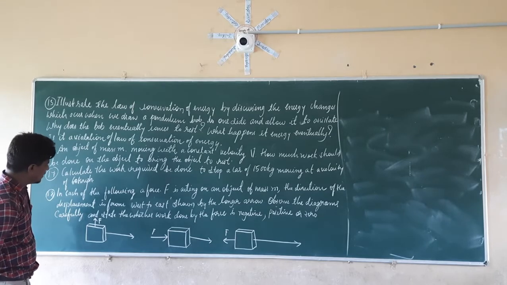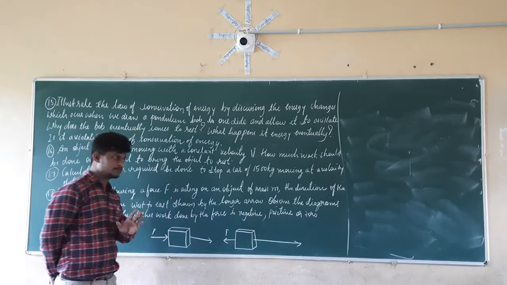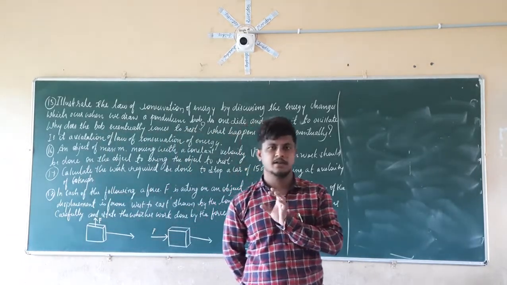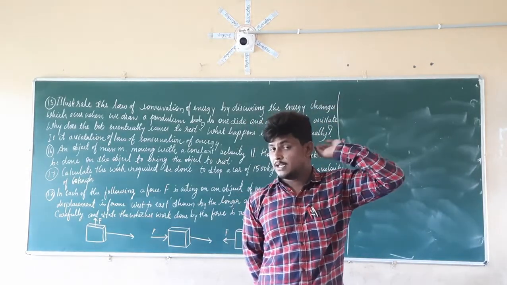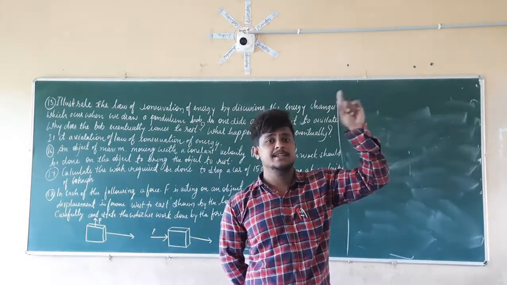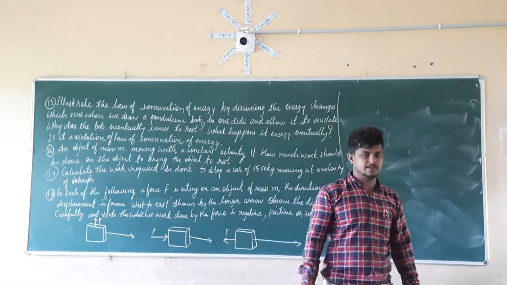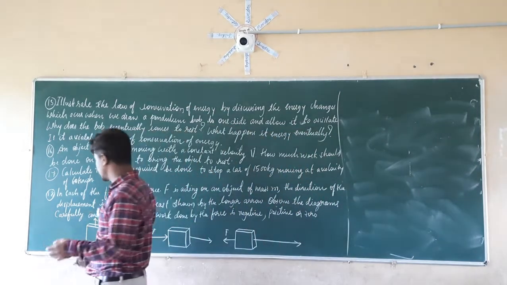If you remember the work done, that is nothing but W is equal to Fs cos theta. If you remember the first class, it is easily possible to identify in which case the work done is positive, in which case it is negative, and in which case it will be equal to 0.